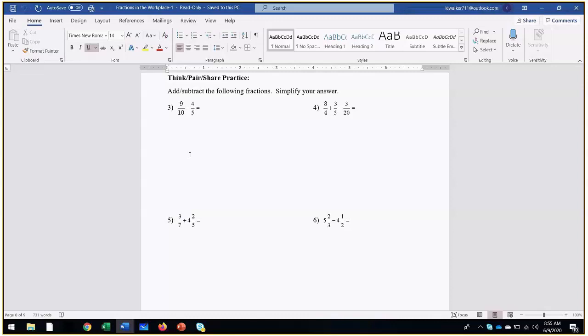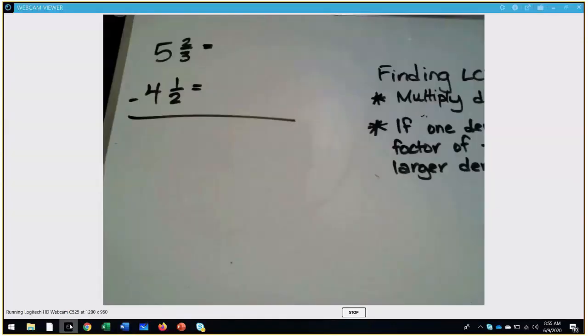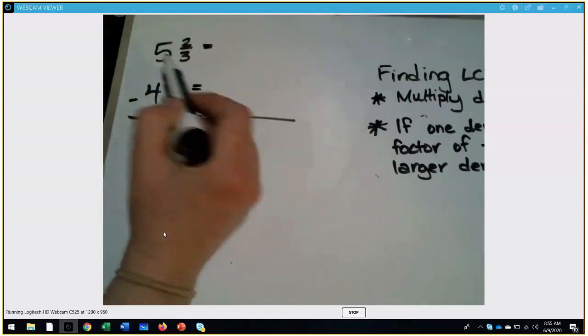Before we move on. So 5 2/3 minus 4 1/2. Okay, so let's deal with the mixed numbers first.